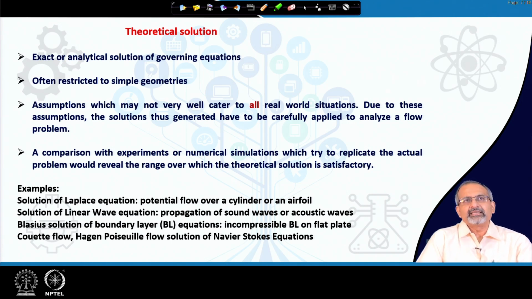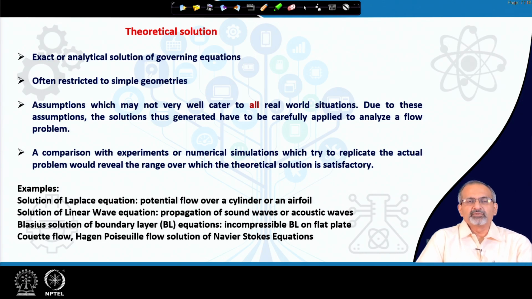Often for seeking exact or analytical solution, we have to make some simplifications. Most often we see that there is a simplification in the domain geometry, or there is a simplification of the body geometry that we are trying to model.